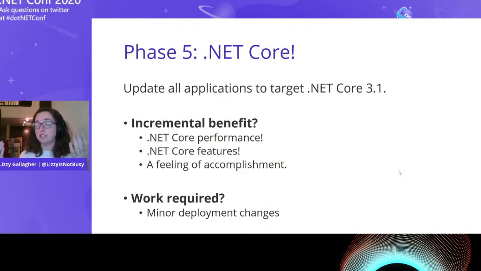The actual code changes required here for a consuming team are very, very small, mostly behind the scenes effort. So those are the 5 phases we ended up with. As I alluded to, you may have more, you may have less, depending on what your internal ecosystem looks like. 5 is just what worked for us.